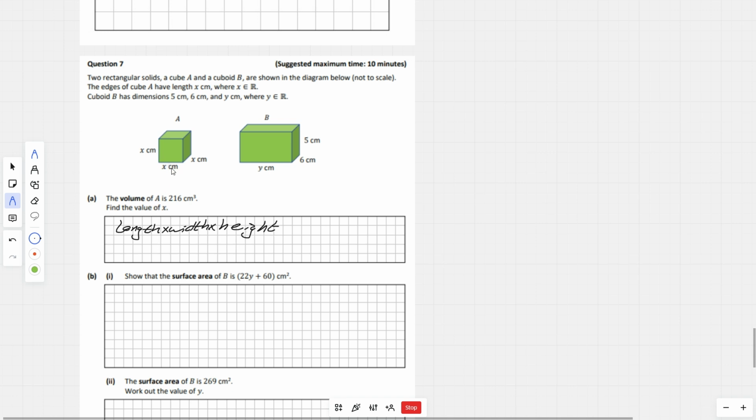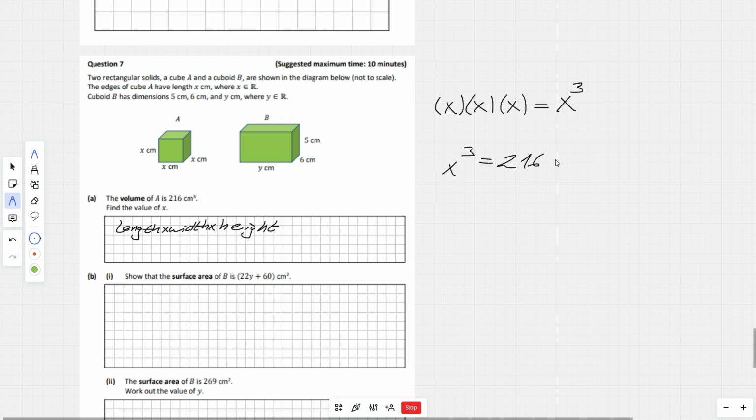In this case, I'm just going to draw it out, here we have a bit more space. It's going to be x, which is our length, multiplied by x, which is our width, multiplied by x, which is our height. Now, x by x by x is the same as x cubed. So what I can say is x cubed is equal to 216.